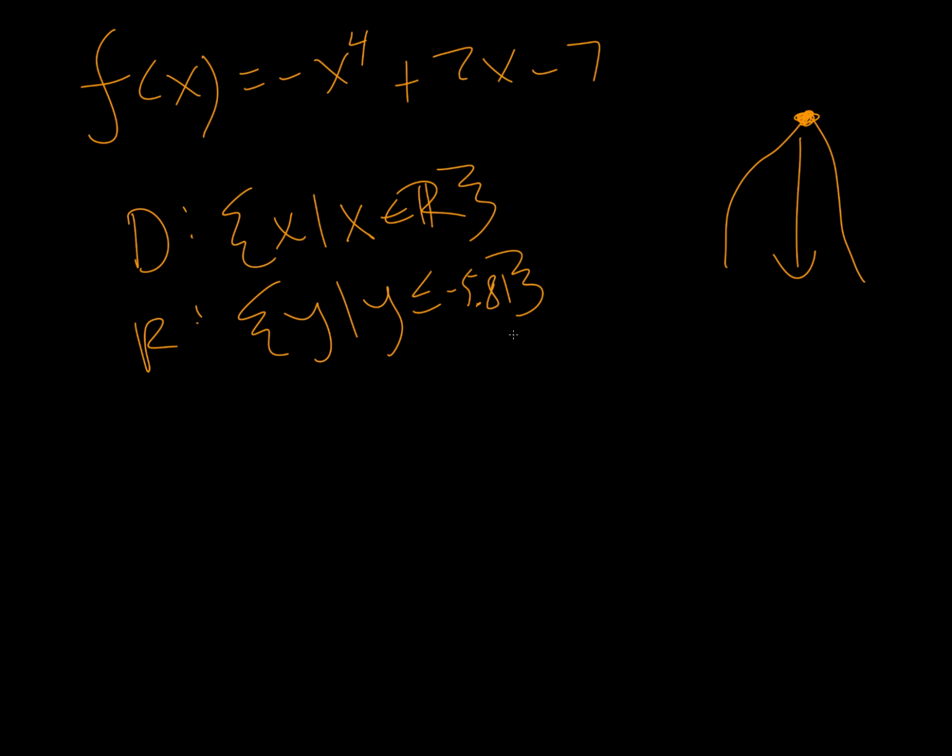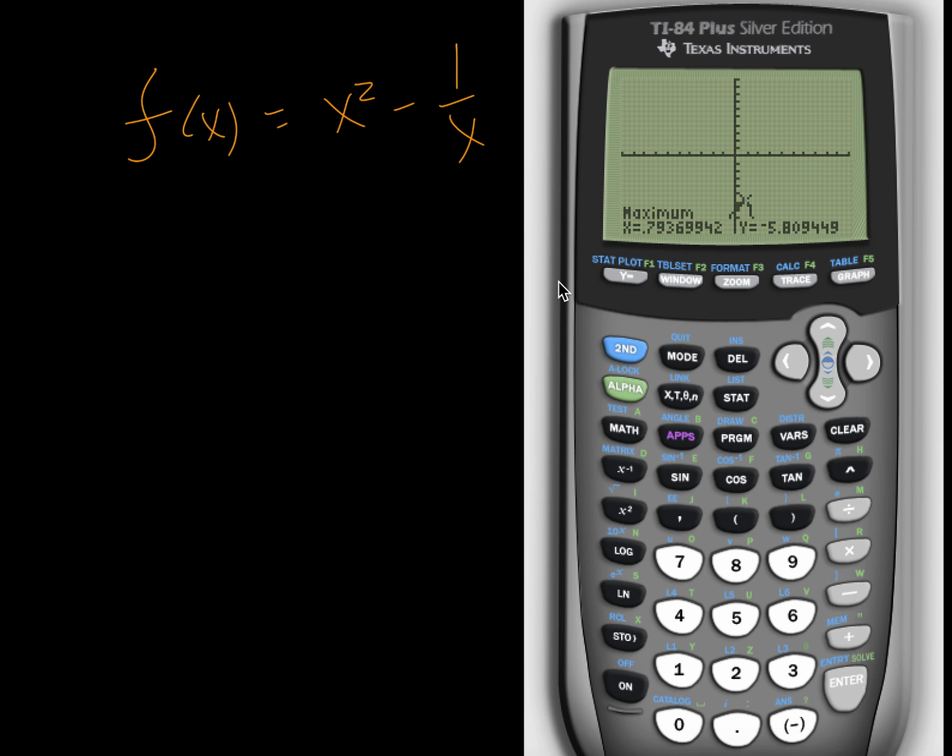Okay, let's try the next one. This time we're given this function. So we go to our graphing calculator. We get x squared minus 1 over x. Graph it. And okay.